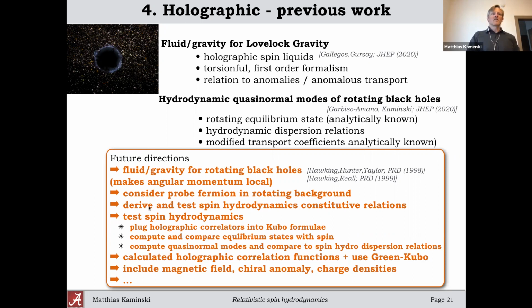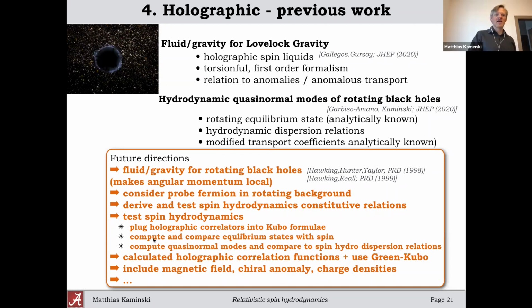Then you can derive and test the spin hydrodynamic constitutive relations and Kubo relations that we have derived, or that have actually been derived in the literature previously. One example is you can plug the holographic correlators that you calculate in your favorite model into the Kubo equations that we've just derived, and calculate the rotational viscosity.